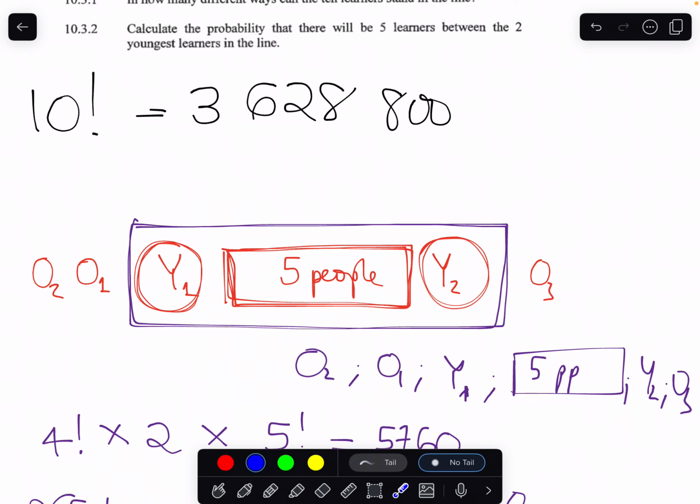And how many possibilities are there for those 5 people? So it feels like, okay, yeah, I feel like I've just counted, what have I counted?